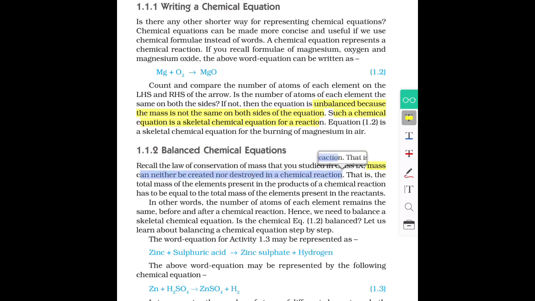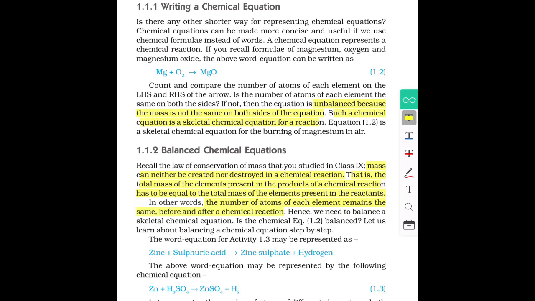That is, the total mass of the elements present in the products of a chemical reaction has to be equal to the total mass of the elements present in the reactants. In other words, the number of atoms of each element remains the same before and after the chemical reaction. Hence, we need to balance a skeletal chemical equation.